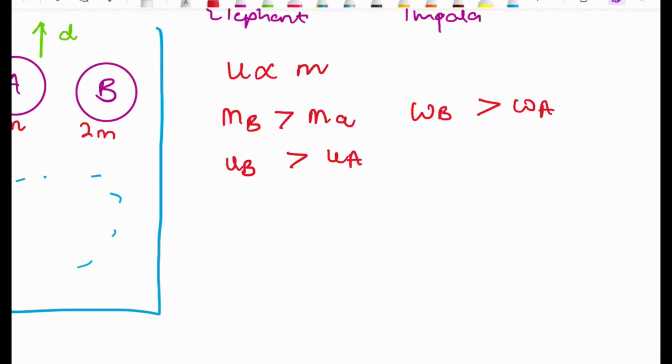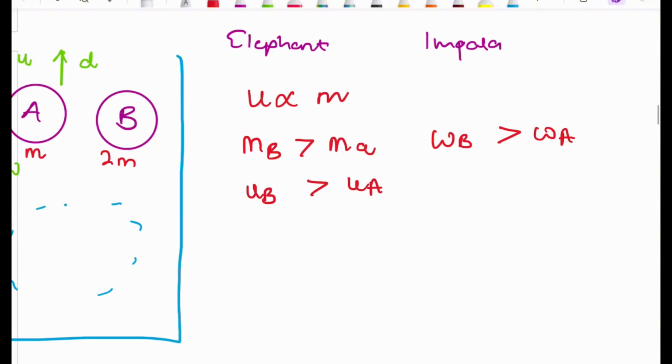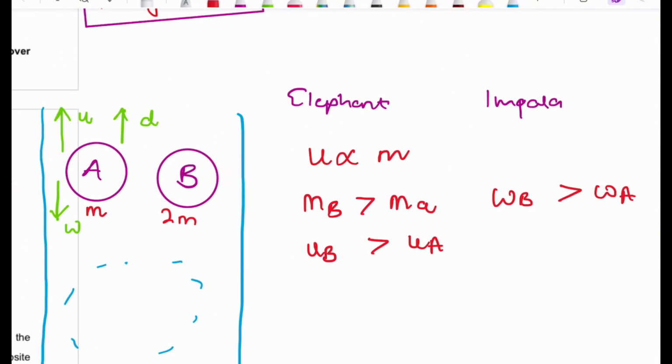It's basic principles. If the upthrust is going to be greater, the weight is also going to be greater. As it's trying to move down, the upthrust is also going to increase, but the weight is going to be so much greater. That's going to cause the drag force to also increase.